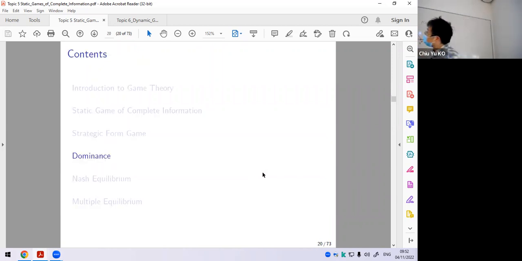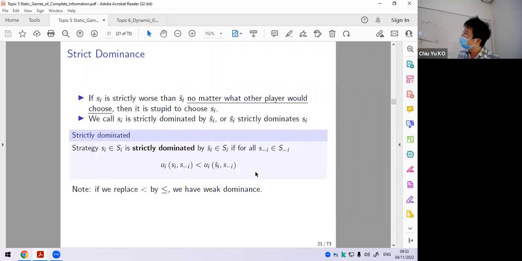So dominance for strategic form game. We call it dominance. This is the first and easiest way to handle a game: if a strategy is always stupid, for all other players' strategies this one is always worse than that one, there's no reason you choose this over that.